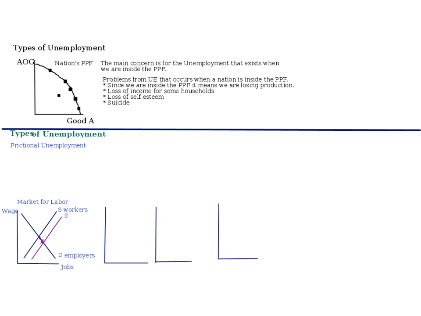And while they're going through this process, they're unemployed. So frictional unemployment is unemployment that is caused by the time it takes for workers and employers to find each other.